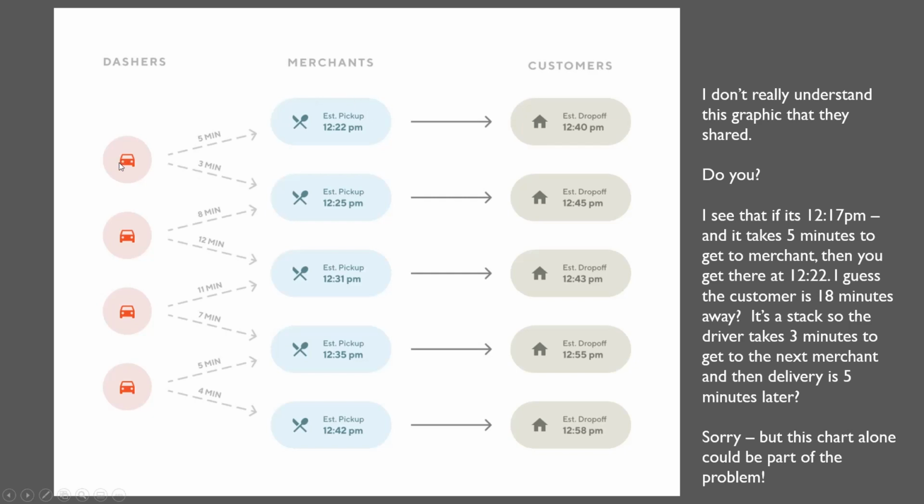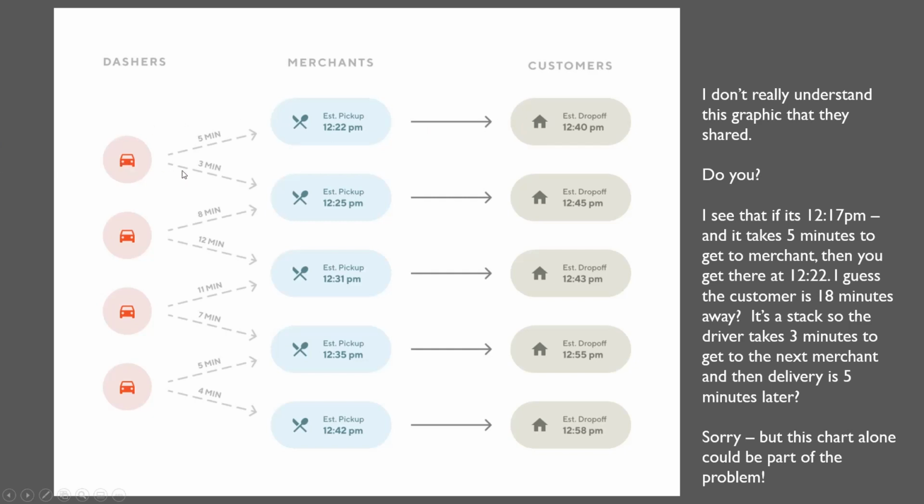So here's a dasher. It's going to take him 5 minutes to get to this merchant at 12:22. So this must be 12:17, and 5 minutes is 12:22. Then I guess they're estimating that the customer is 18 minutes from the restaurant. That all makes sense and is probably logistically feasible.